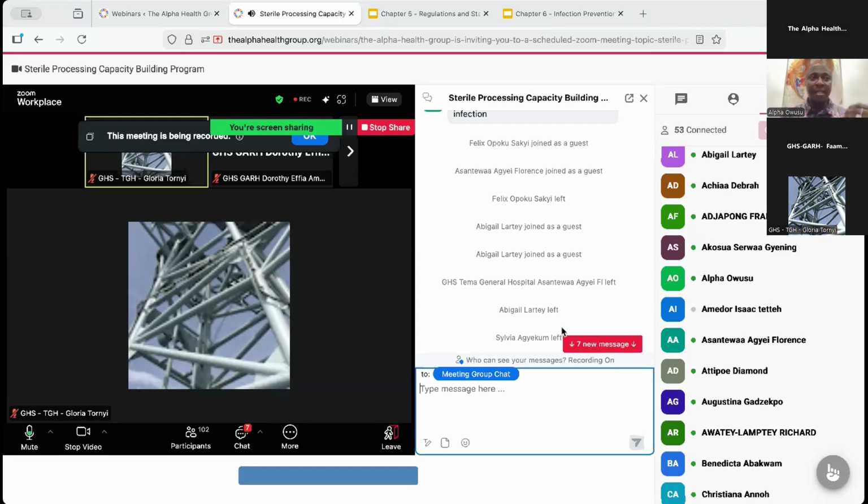The processes, the laid down protocols, the best practices of handling this instrument, cleaning them, treating the instrument at point of use, point of use immediately. Don't bring the instrument to the sterile processing department, the decontamination area, before you start cleaning.